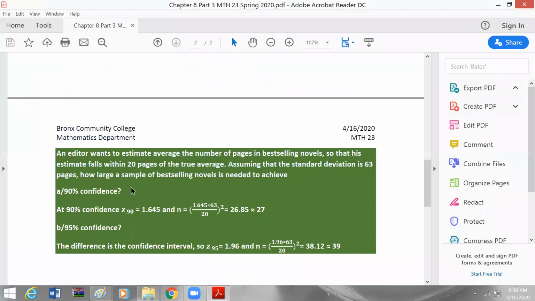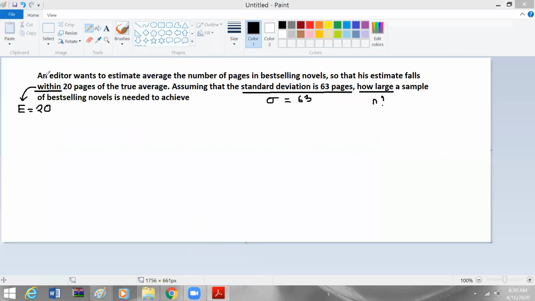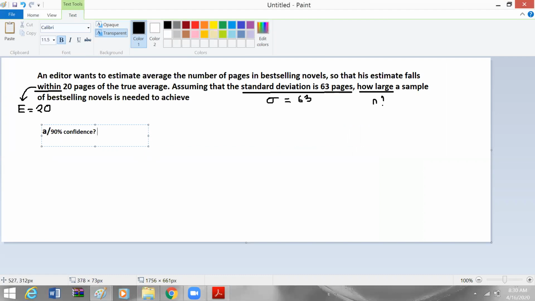So a 90% confidence interval, I'm going to put that down right here. This is usually given. There's no doubt that the question is going to give us this part.